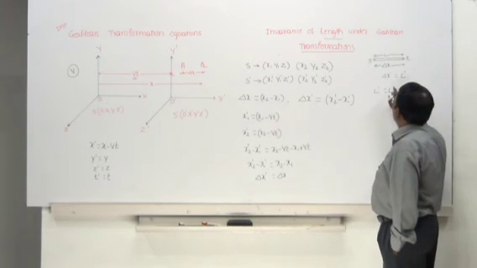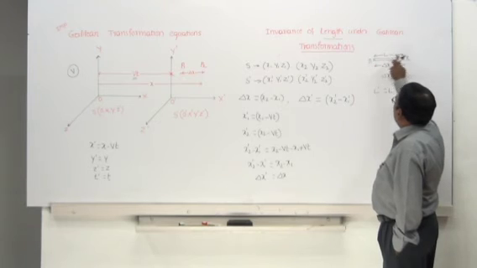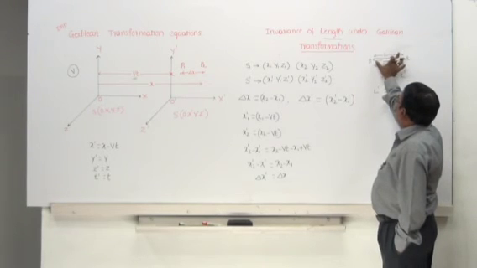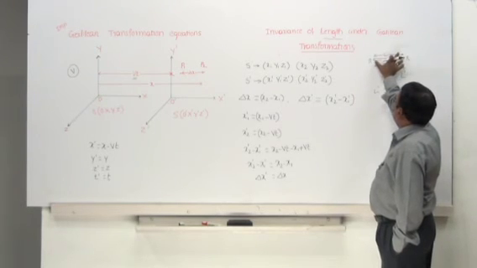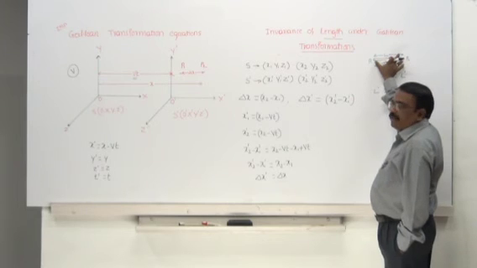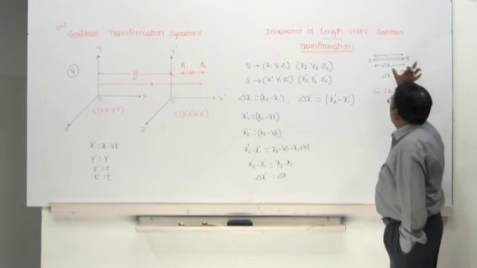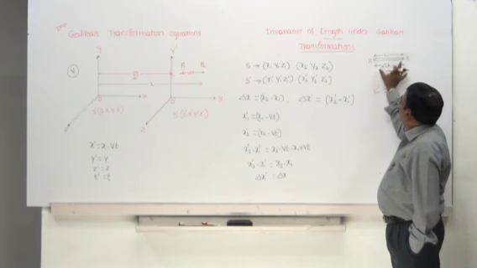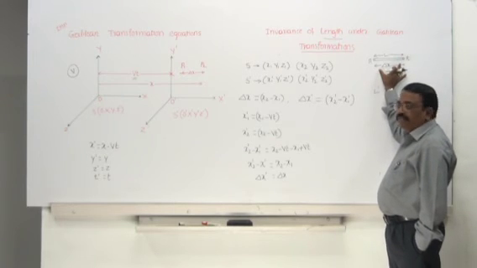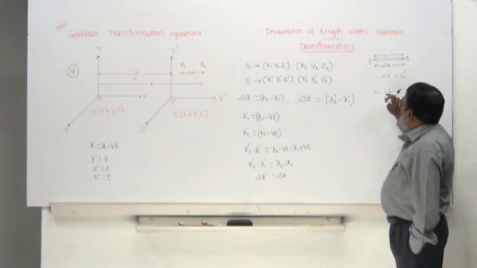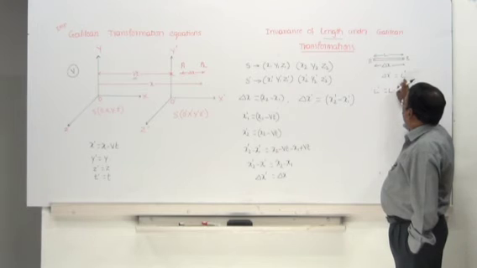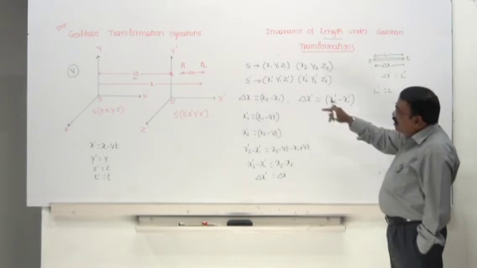So consider a certain rod of length L measured in the frame S, which we have taken as delta x, and its length measured as L dash in the S dash frame.